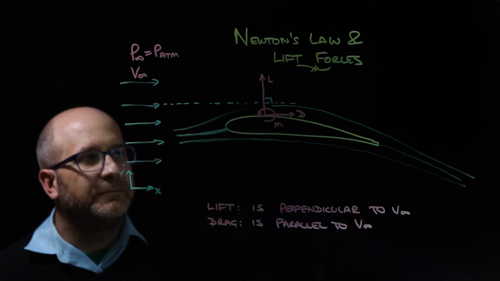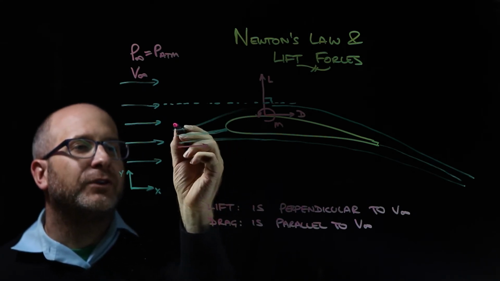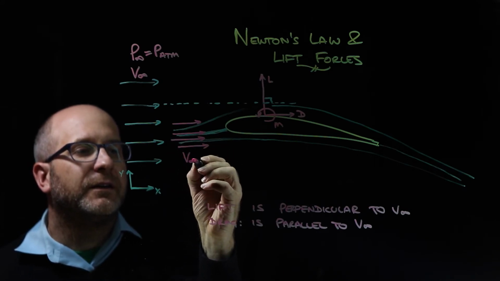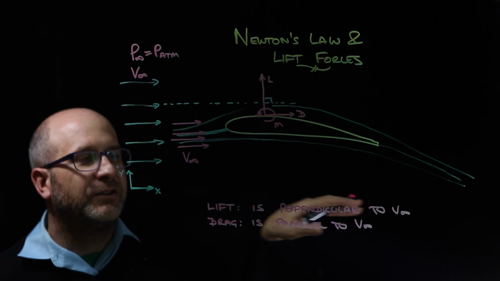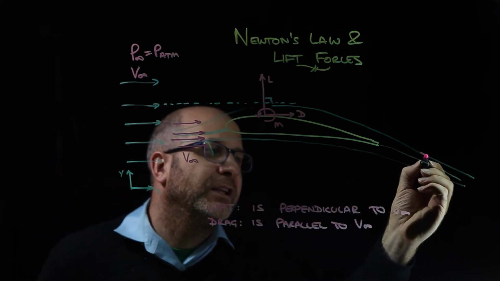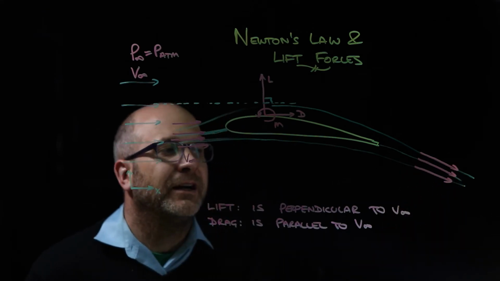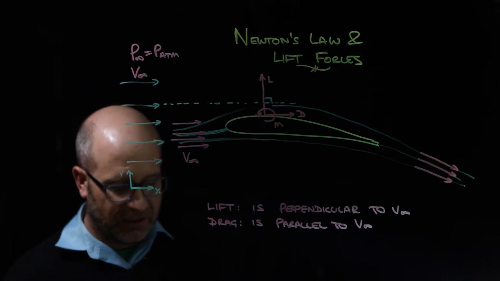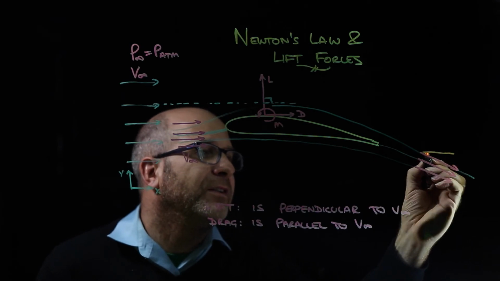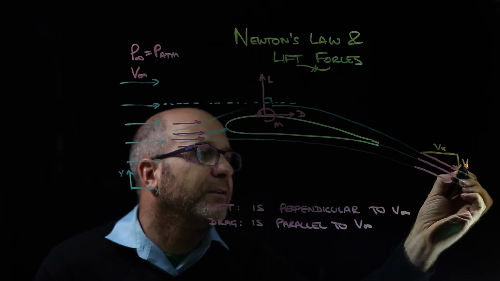And what we can see in this case is the flow started off far upstream with a direction that goes this way. So this is V infinity, and it has a direction that's horizontal. In this case, we have a V downstream, or V after the impact with the airfoil. The velocity has actually got some downwash or some downward motion to it. So what we can see now is that there's a component Vx, and there's also a component Vy.